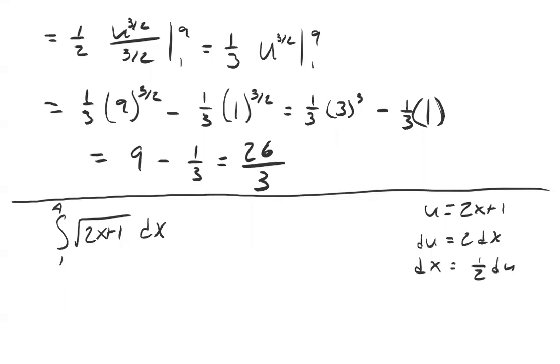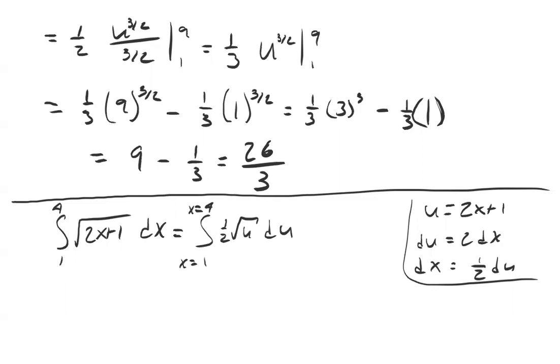So go through the same exact things. I'll just do this real quick. This is the integral from x equals 1 to x equals 4 of 1/2 square root of u du.